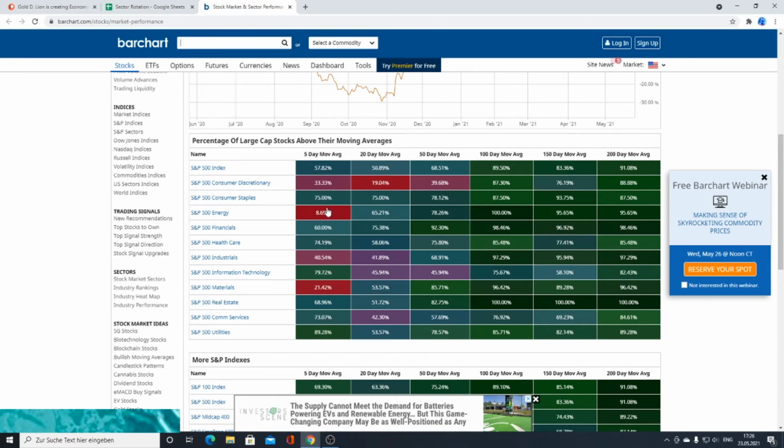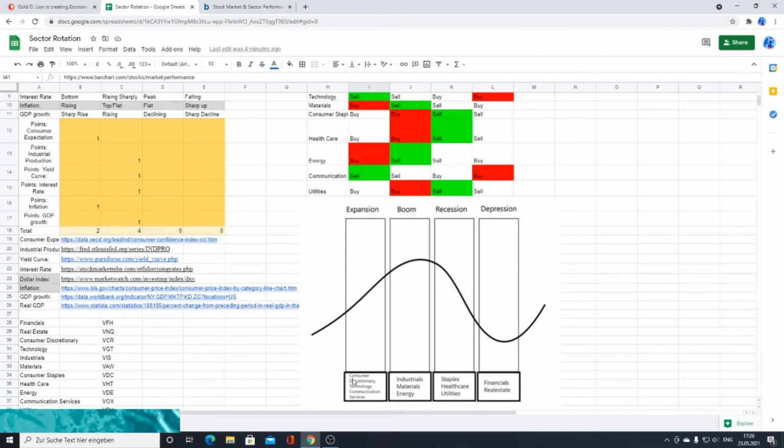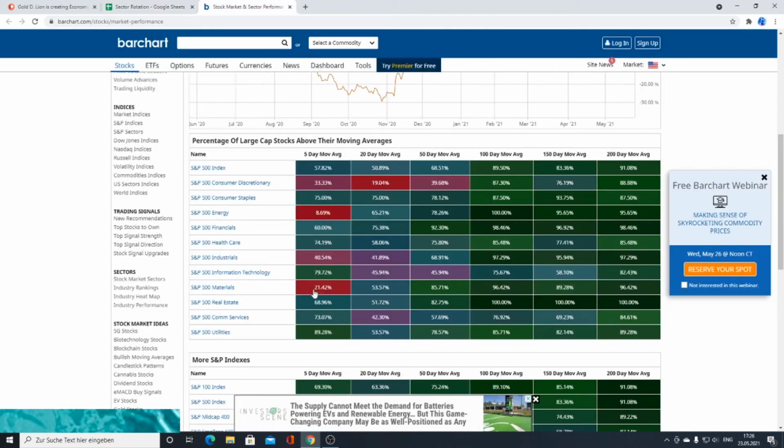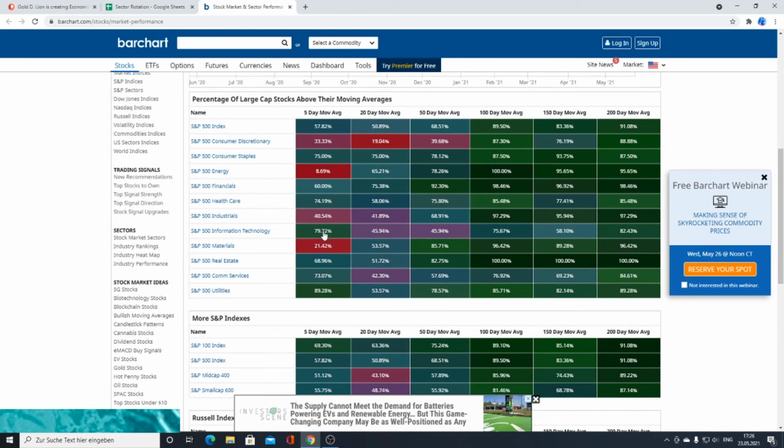And moving forward, we saw a decline in information technology, which makes sense because we are moving out of the expansion phase into the boom phase of the economy. And then a sudden sharp up for information technology. This could be for many, many reasons, but I think it is because of the fear of inflation.